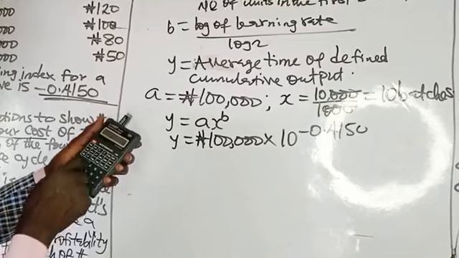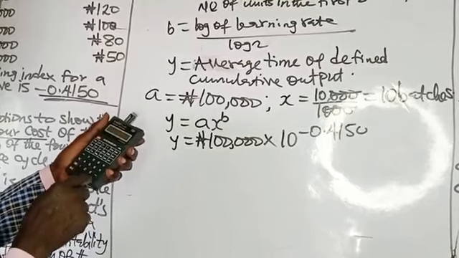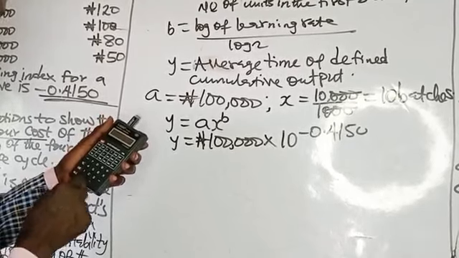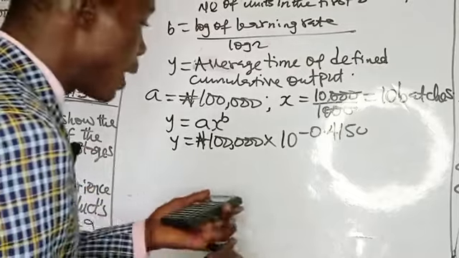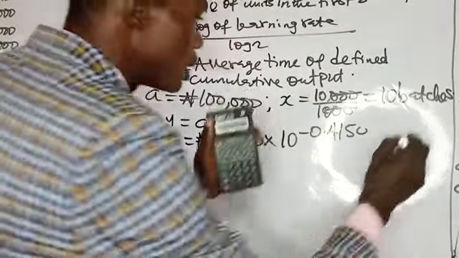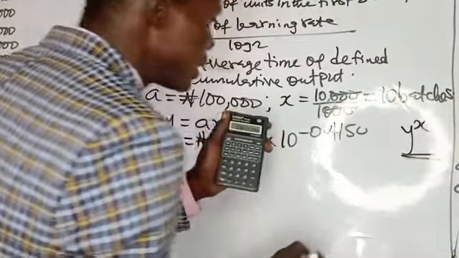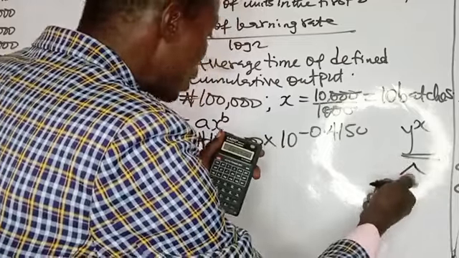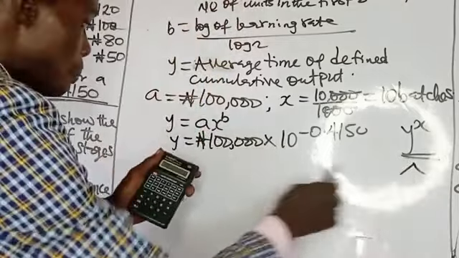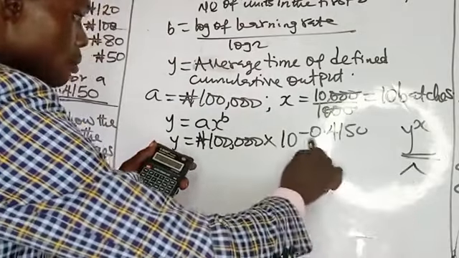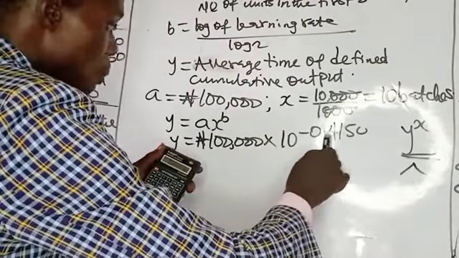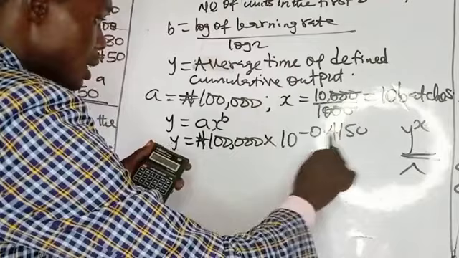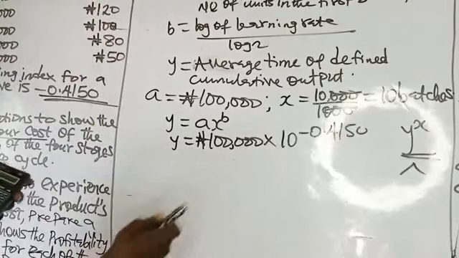So let's evaluate 10 raised to power minus 0.4150. On some calculators, you press the key that contains this symbol for the exponential function. You press 10, then that key, then minus 0.4150, and equals, and it will give you the value.